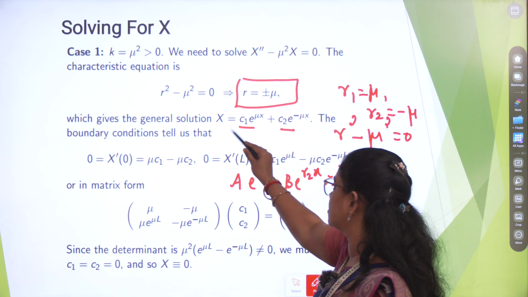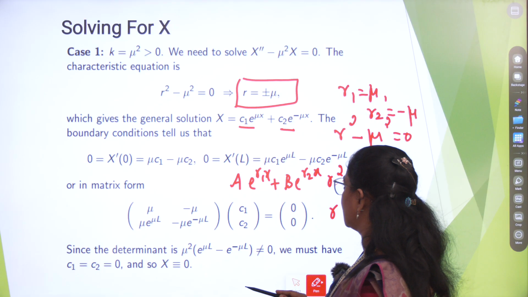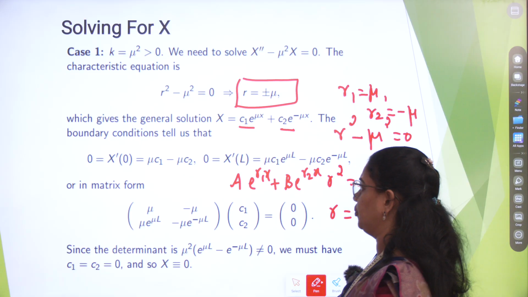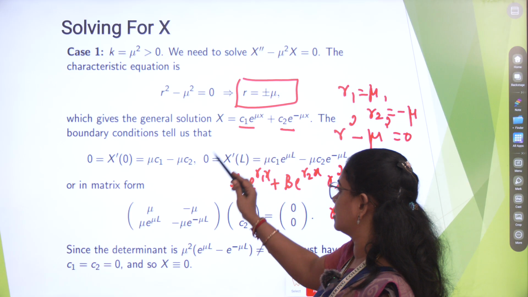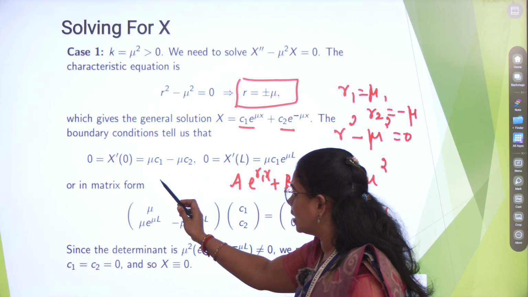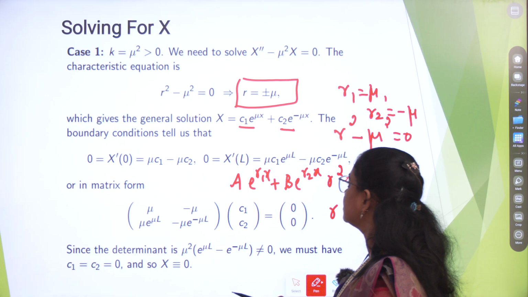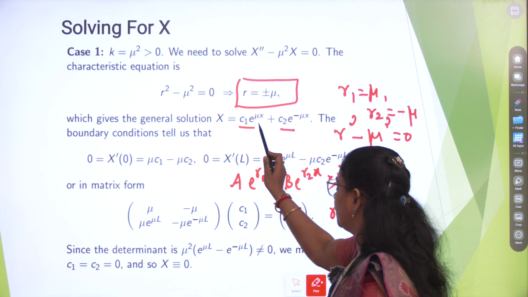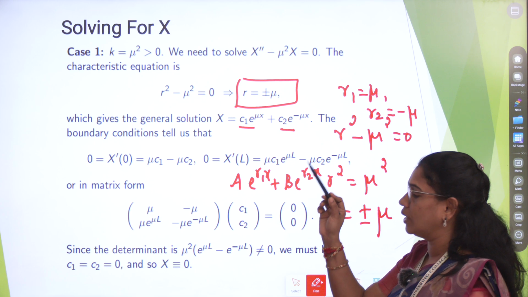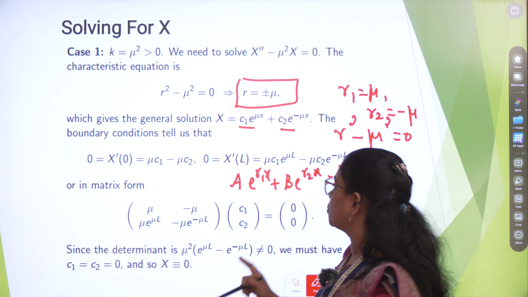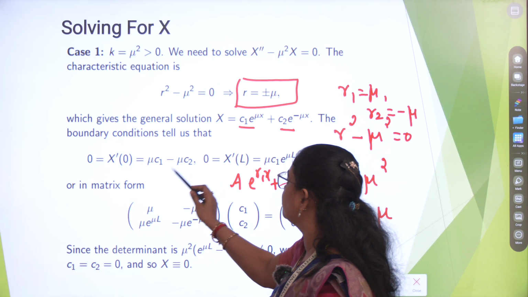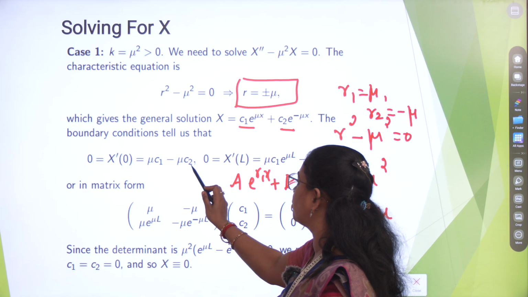So X equals c1 e^(mu x) plus c2 e^(minus mu x). The boundary conditions tell us that 0 equals X'(0), which equals mu c1 minus mu c2, because e^0 is 1 and e^(-0) is also 1.